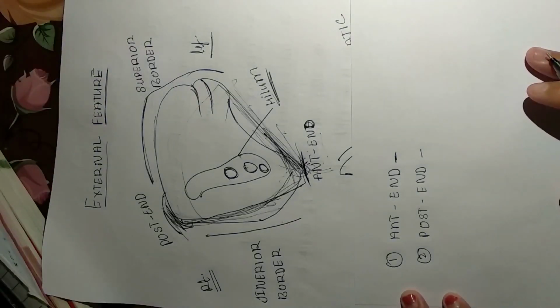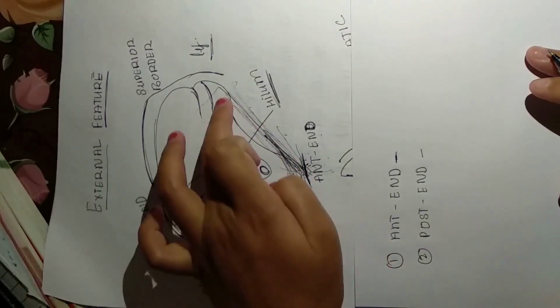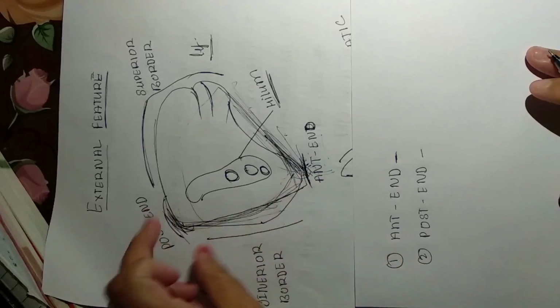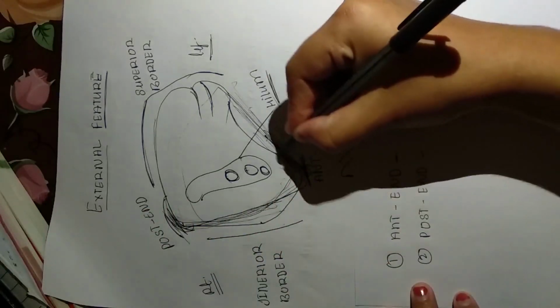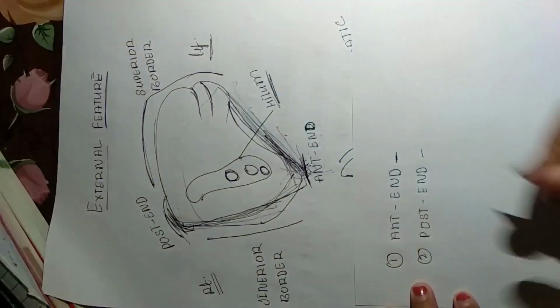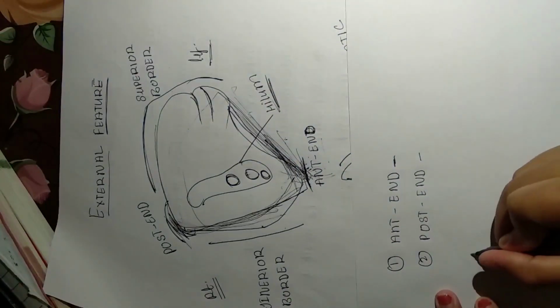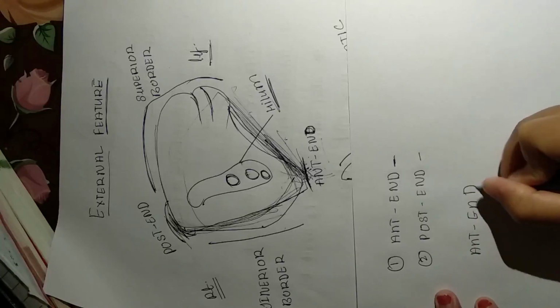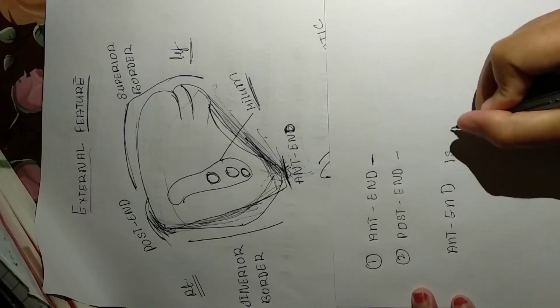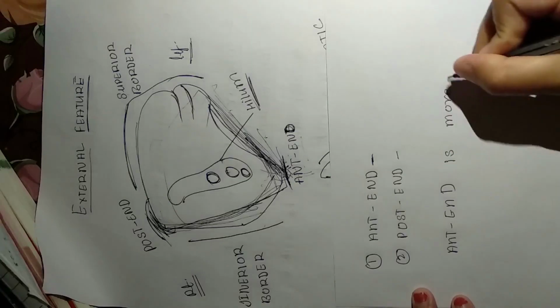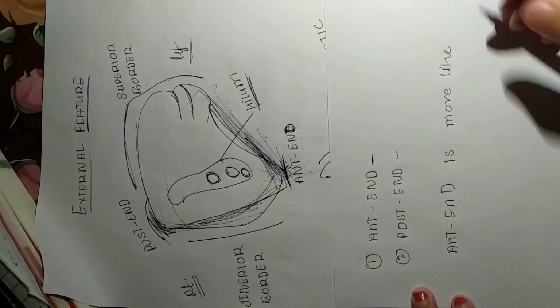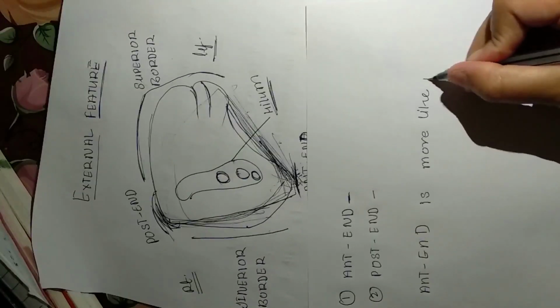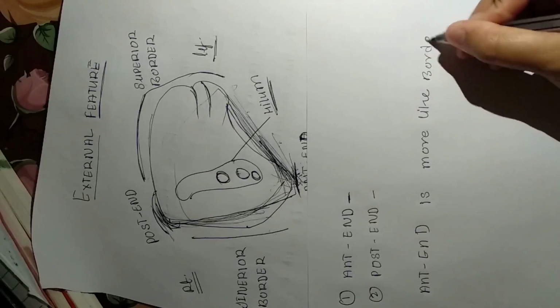Now anterior end is more like a border. See, look at it. It is not short, it's like a border only.